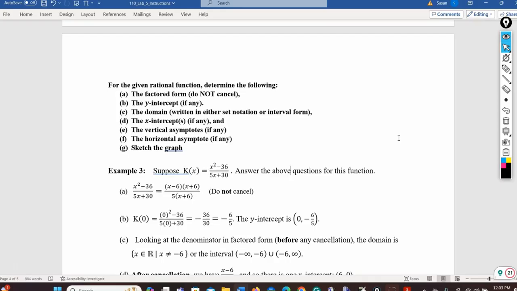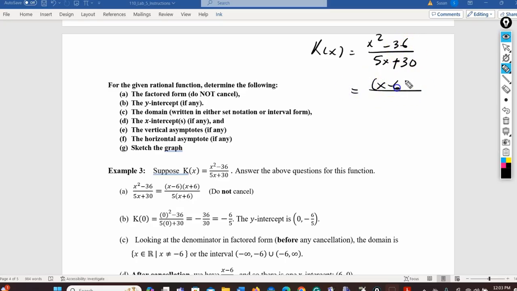Okay. So in the factored form, well, in Math 100, x squared minus a number is x minus the square root of that number times x plus the square root of that number.